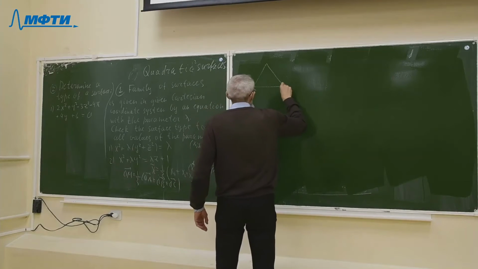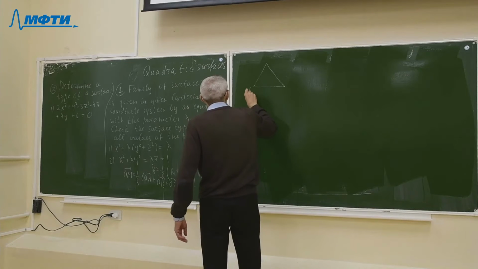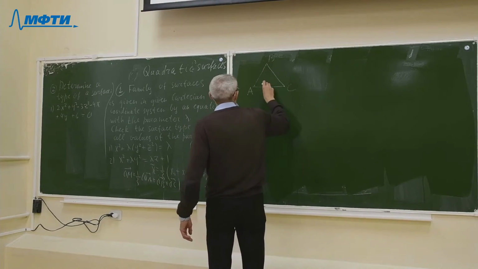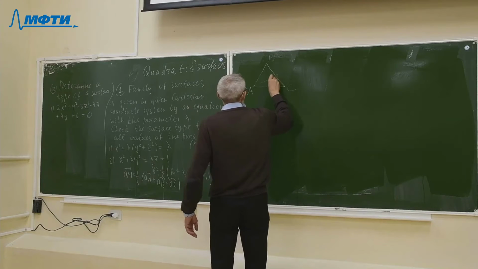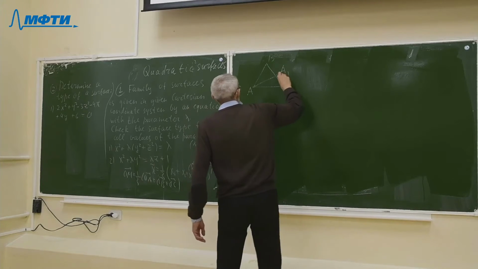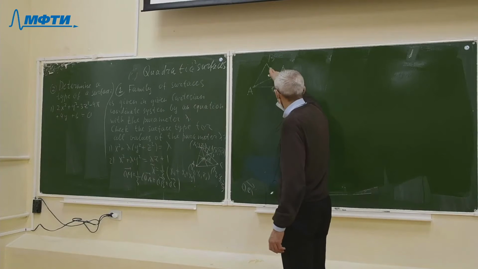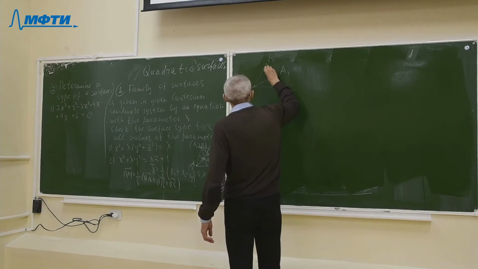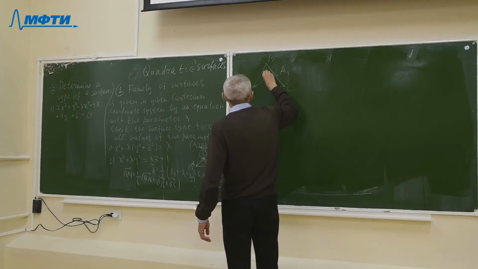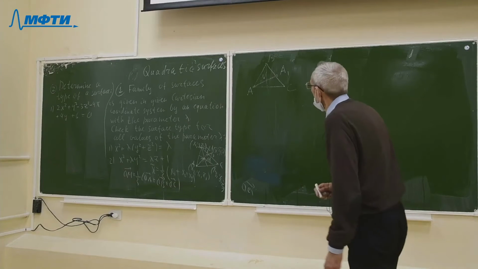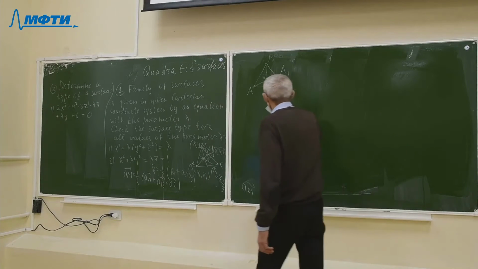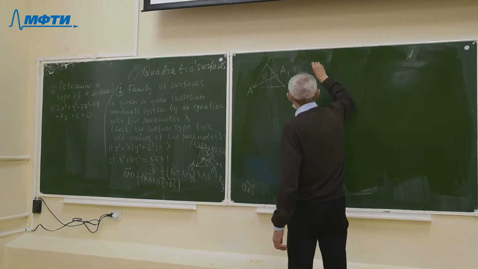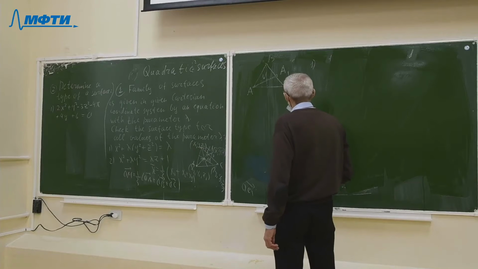We have the triangle A, B, C. Let A prime be the middle of the side BC, and M the intersection point of the medians. We have the following two facts.